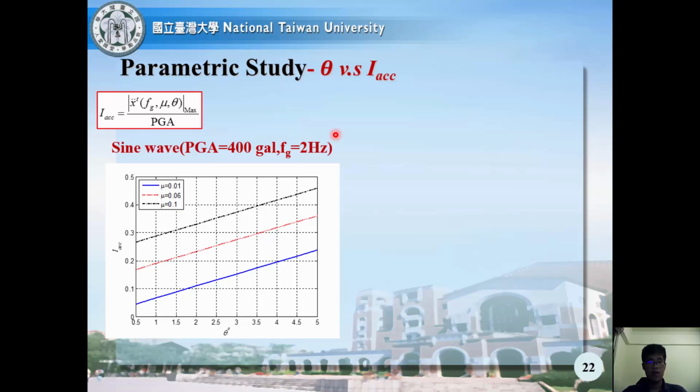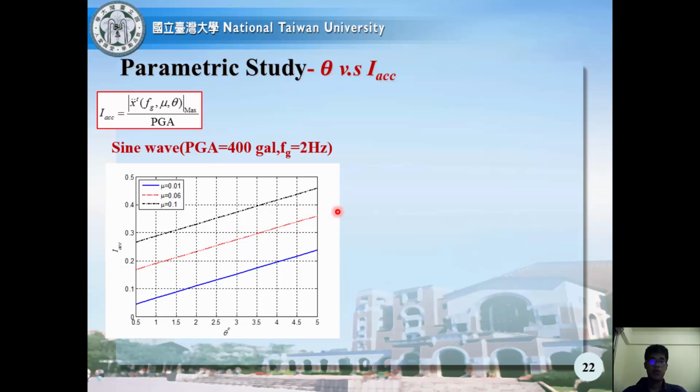From this figure, we may see that the IACC is smaller than the upper bound value 1, which implies the system works under the ground motion for various theta and friction coefficients. Besides, IACC increases as theta increases, in a linear relationship.